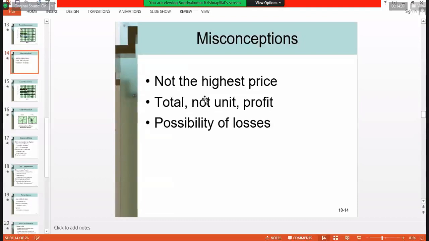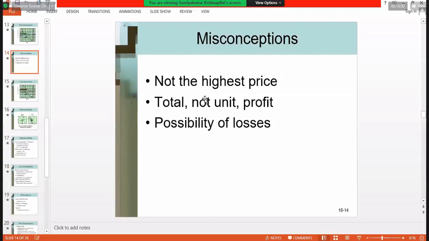They may also think that he is the only producer, so he can sell more units and get higher profit. That is also a misconception, but we have seen there is a unit that gives maximum profit. If he produces 5 units, he will get maximum profit.